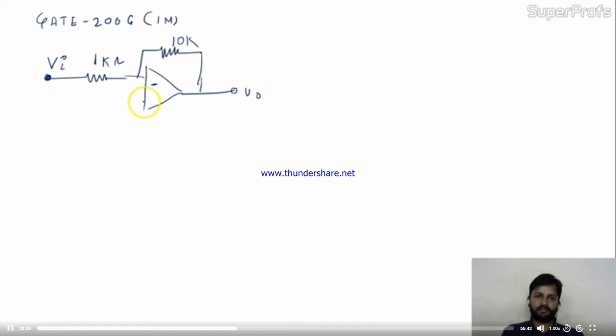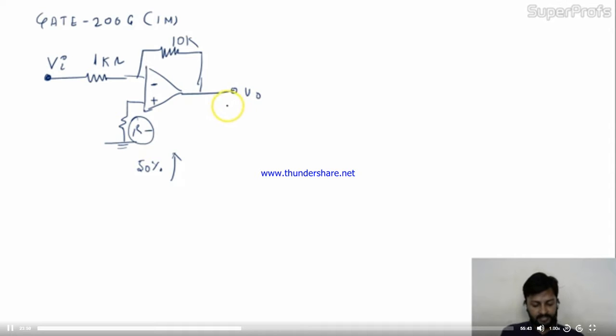There is a 10k resistor, and this is R, and this is grounded, this is plus. He is asking: if the value of the resistance R in the following figure is increased by 50%, then the voltage gain of the amplifier shown in the figure will change by.